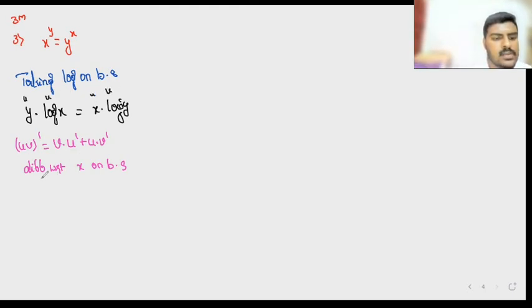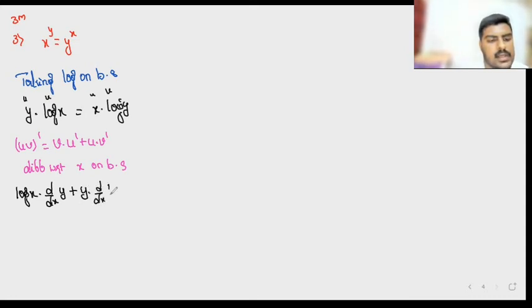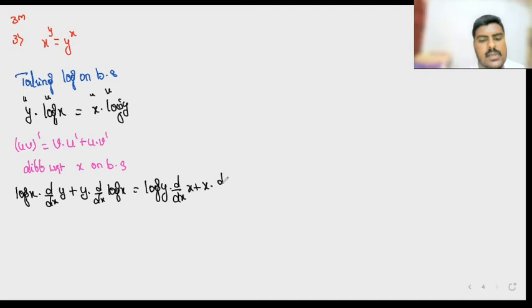So it becomes log x into d by dx y plus y into d by dx log x. Got it now? Equal to log y into d by dx x plus x into d by dx log y.